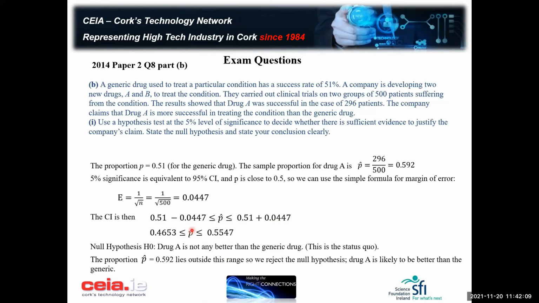That's where p hat should lie. We're 95% sure it should lie in this range. It doesn't. It lies outside that range.